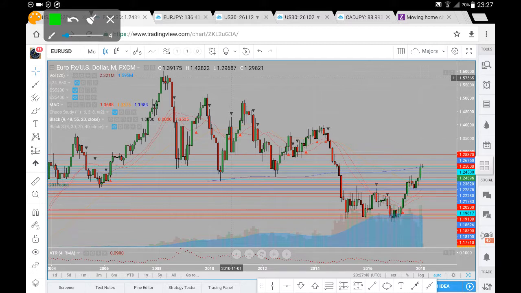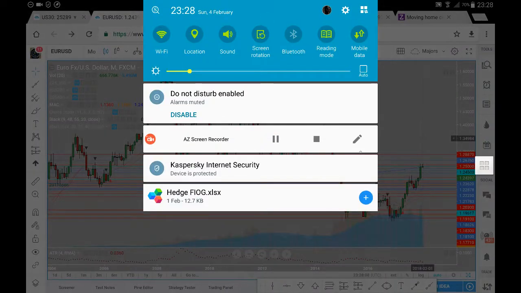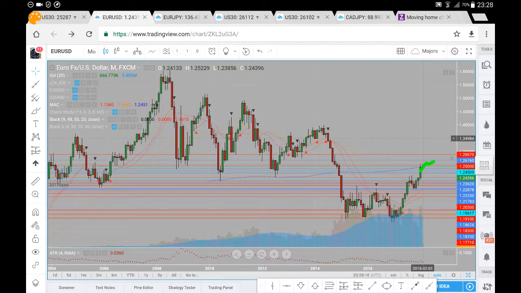Now we are up into the 200 period moving average here on the monthly time frame, currently sitting at 124.50. So we'll see how prices do from here, if we can hold back above this 124.50 and this 125 before looking for price to head ultimately up towards that 128 level on the euro dollar.